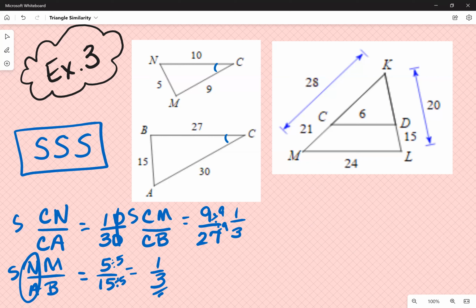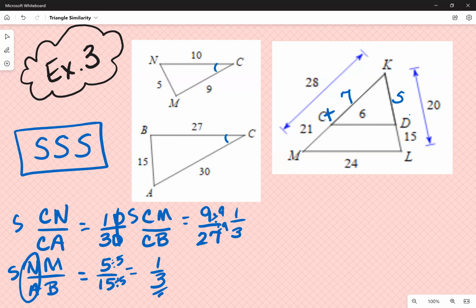I could just try to find the similarity ratio by, I'll show you that in a minute. Just know what I was saying a few minutes ago, segment addition postulate: 21 plus X is equal to 28, or 28 minus 21 is going to give you 7. And on the opposite side, 20 minus 15 is going to give you 5. And again, if you add it together, it should give you what they told you that it would equal.